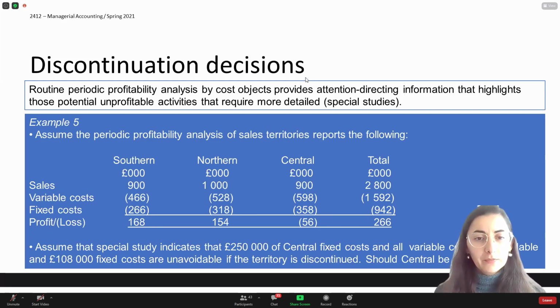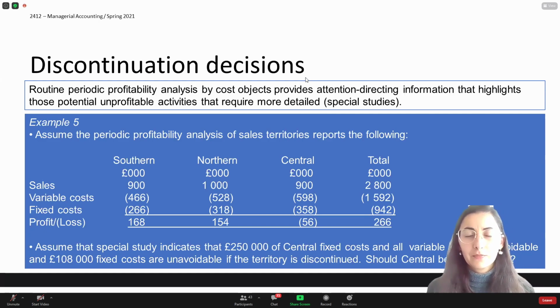So if we discontinue, we lose a contribution margin bigger than the avoidable costs. So we should continue. But shouldn't we consider the time? Now we have a loss of 56, right? And if we discontinue, we'll lose 108,000. But if we have a loss of 56 for 10 years, maybe it's worth discontinuing, right?